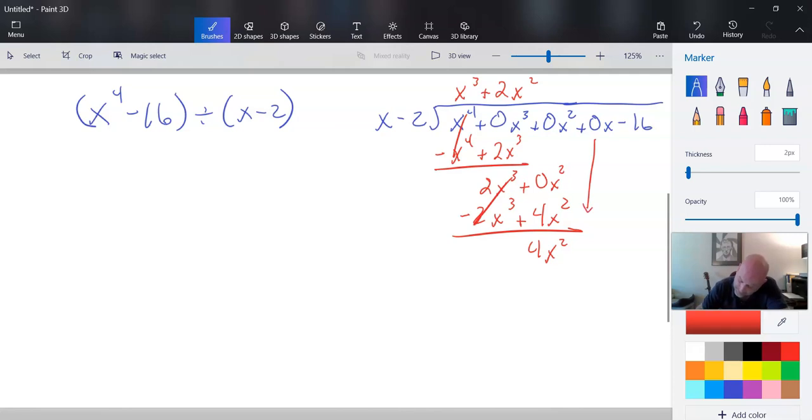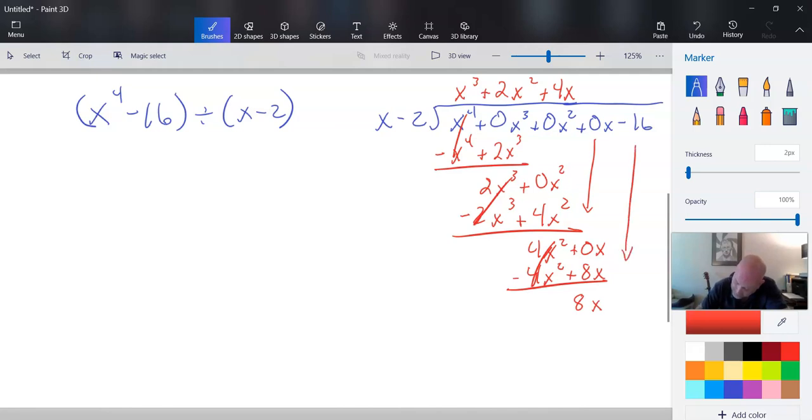Now I bring down my 0x, and I ask myself again, x times what gives me 4x squared? And it would be 4x, like so. And if I multiply that through, that gives me 4x squared, but I'm subtracting it. Change the sign. And then that gives me minus 8x, but that makes it a plus. So let's see here. That cancels, and this leaves me with 8x.